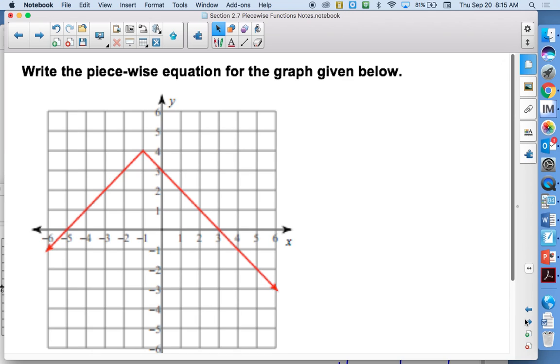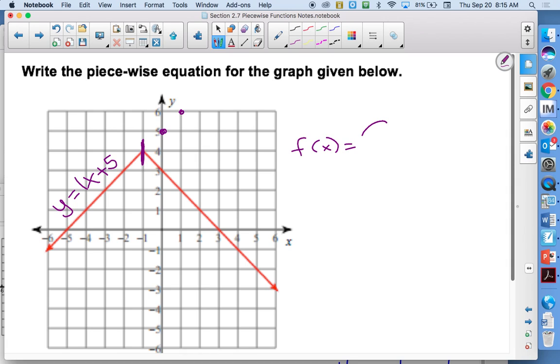So looking at this line, Julia, the one on the left side here, what's the slope of the line on the left side? And then if we continue that up, the y-intercept is 5. So 1x plus 5 or x plus 5.